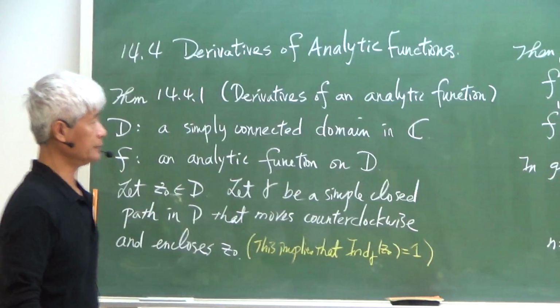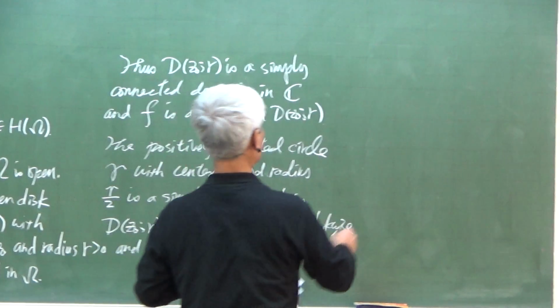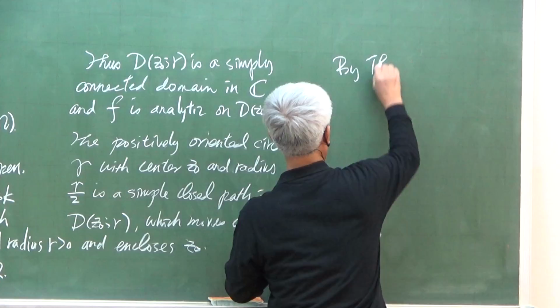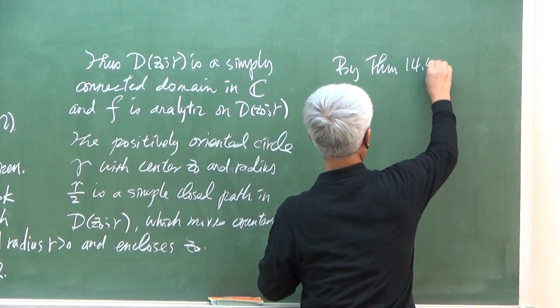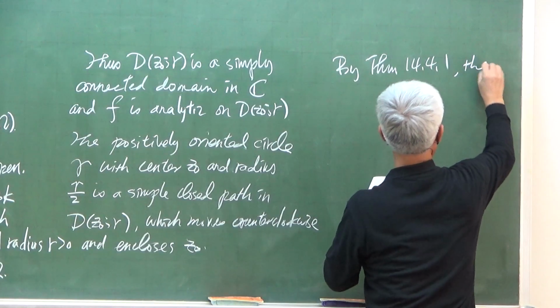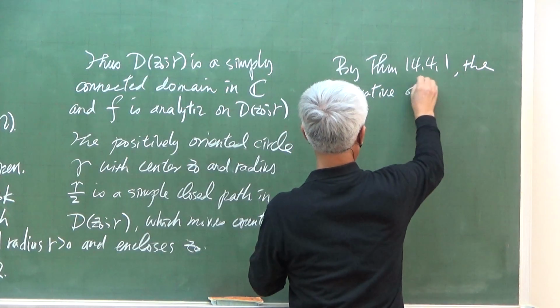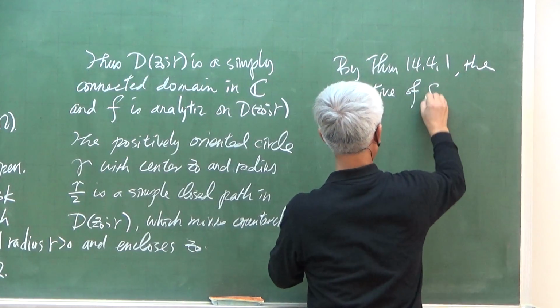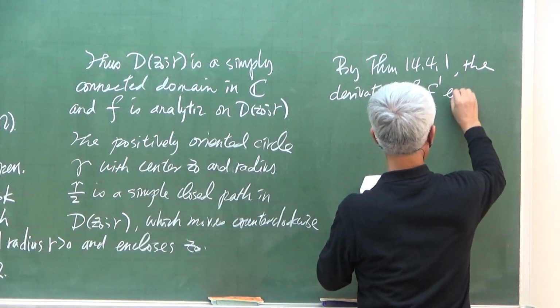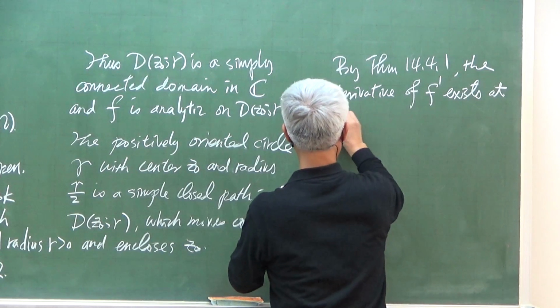This is the theorem. All right. So now, by theorem 14.1, okay, the derivative f prime exists at z0.